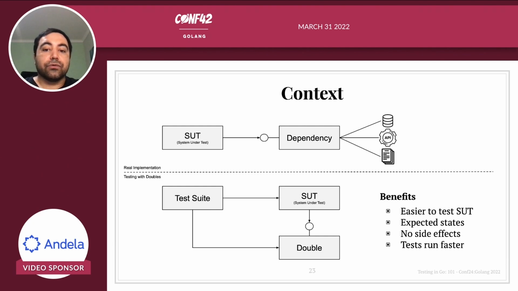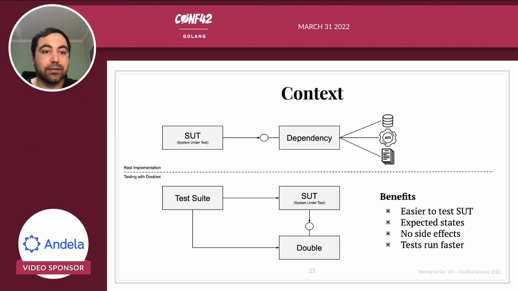Okay, so the idea behind testing with doubles is that the test suite will call the system under test, as we see in the previous examples. We are calling the functions of our system, but the test suite has to create a double which will be something like a replacement of this dependency, and the test suite can control this double.